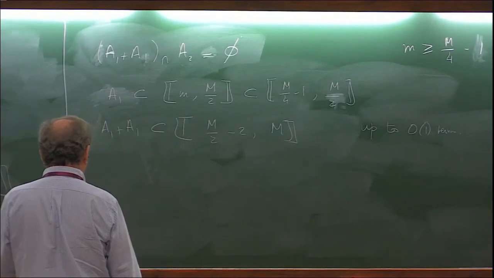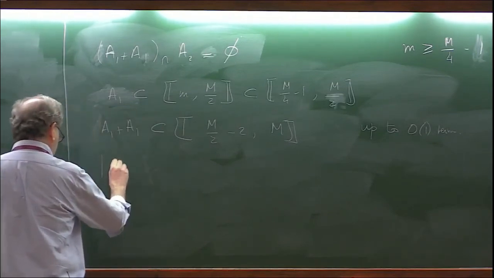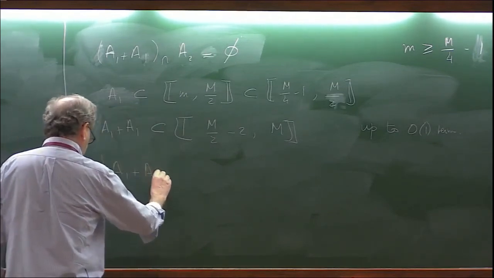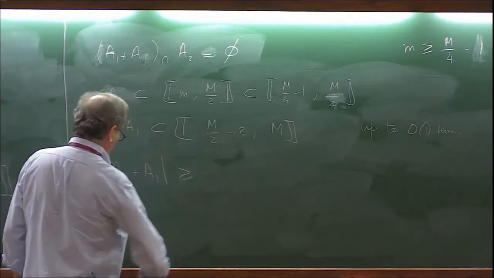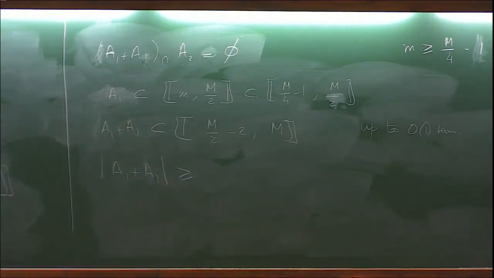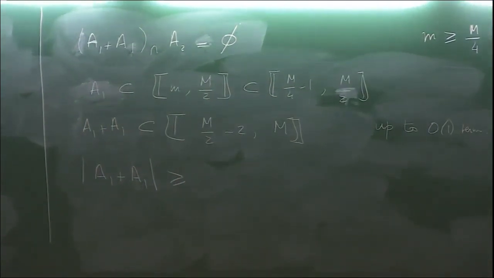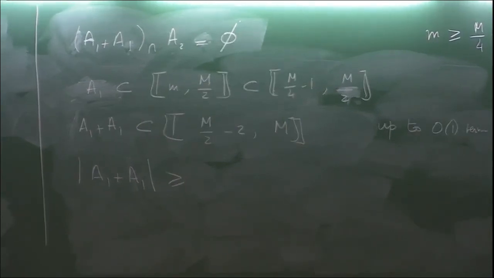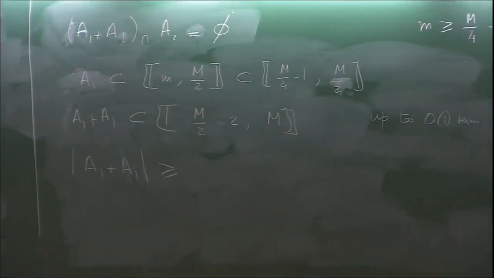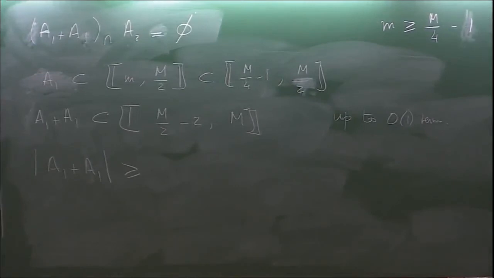So I also have something: for the cardinality of A1 plus A1, I have a lower bound. The trivial lower bound is that if you double some set, you get at least 2 times the number of elements minus 1.